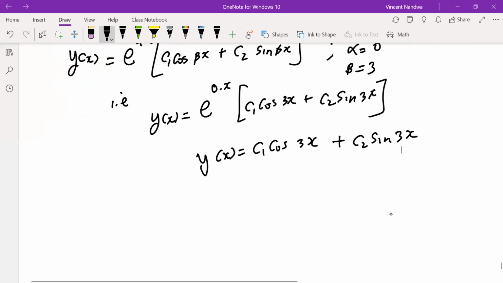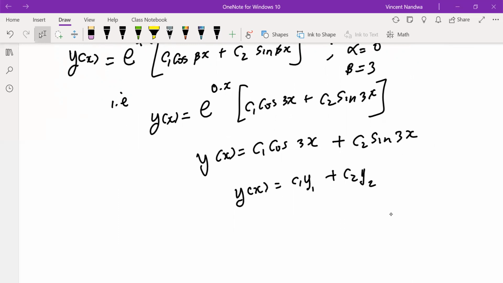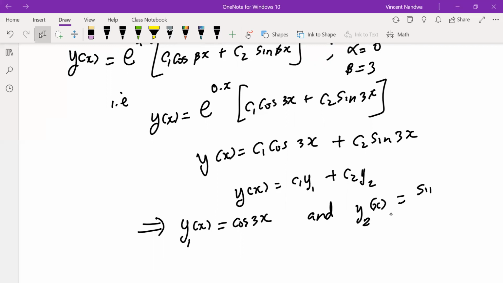Remember that the general solution is usually the linear combination of y1 and y2. So this implies that y1 of x is cosine of 3x and y2 of x is sine of 3x.